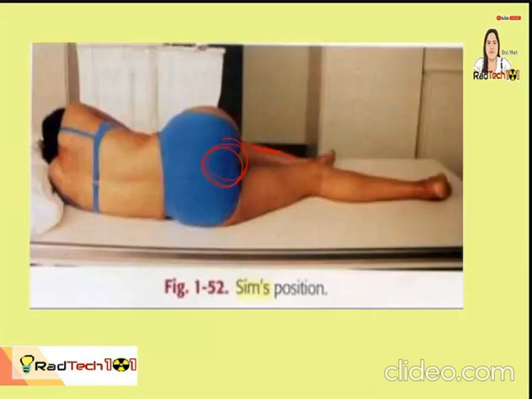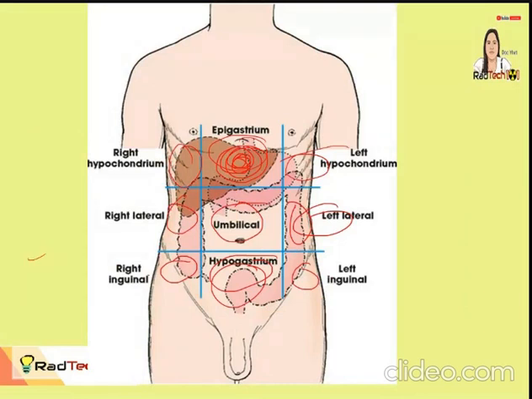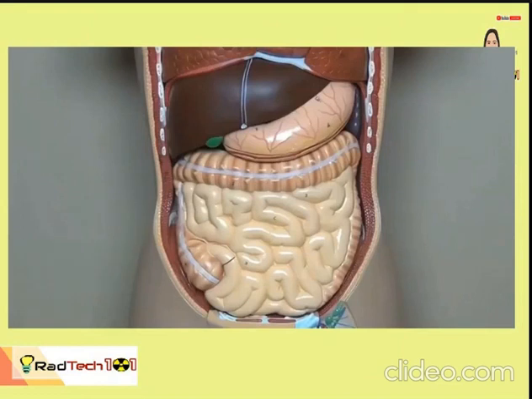Okay? So kung very specific, right lower quadrant, specifically sa right inguinal region. So very specific. So I have here a video on the divisions of the abdominopelvic area.